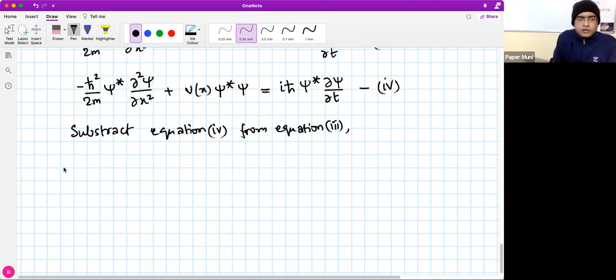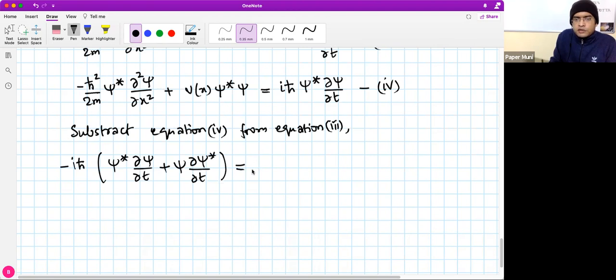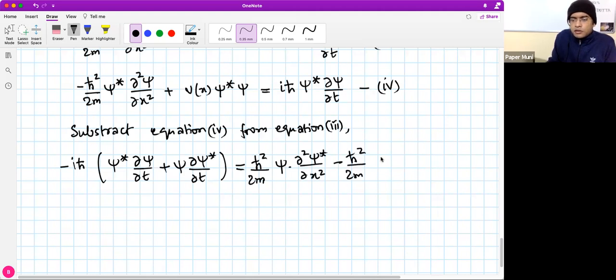This is the equation you'll be getting: minus i h cut, psi star del psi by del t plus psi del psi star by del t, equal to h cut square by 2m, and we have psi derivative with respect to x.